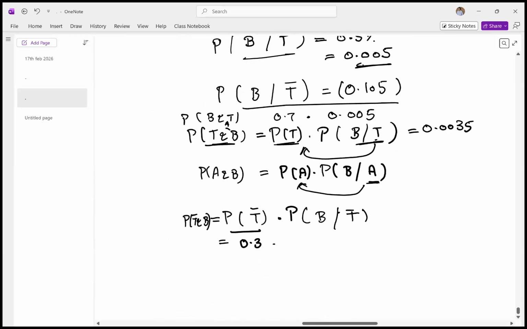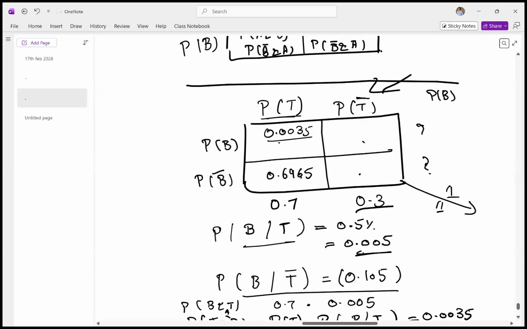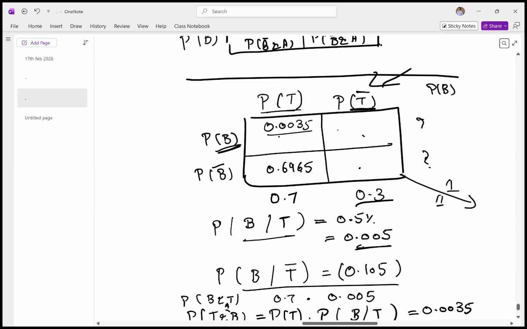So 0.3 times the value P(B/T bar), 0.105, gives 0.0315, which is T bar and B.